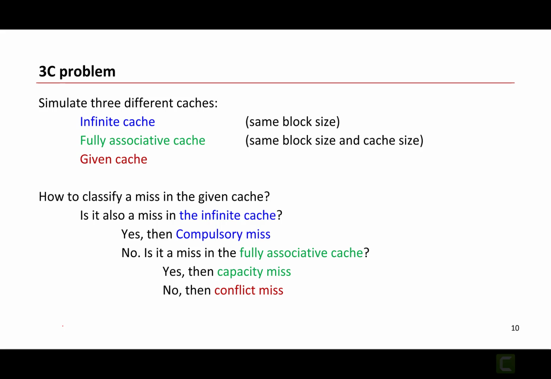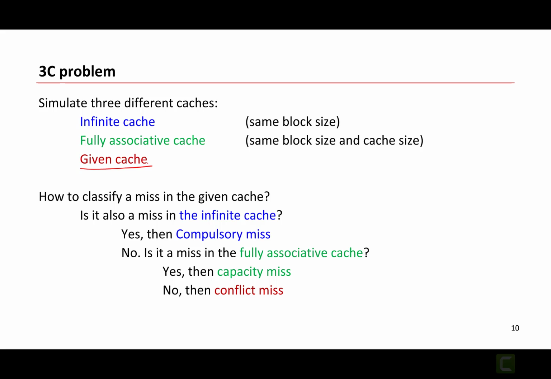Let me talk about the 3C problem first before I talk about the cache performance. To recap what we talked about, there are 3 types of cache misses. We want to understand the type of cache misses that we experience for a given cache.